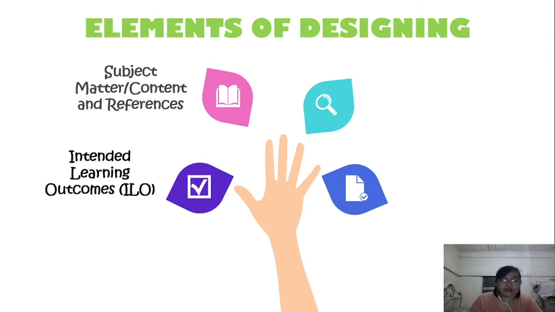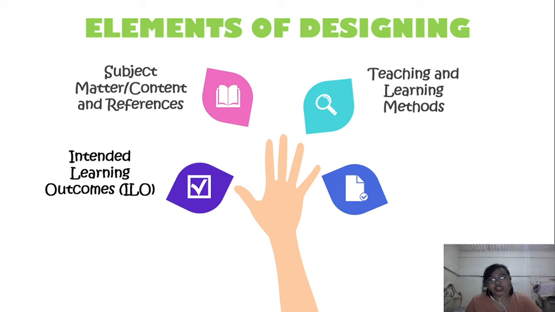For the subject matter, what content should be included to achieve the learning outcomes. Next, we also have the teaching and learning methods. In here, it answers the question, what learning experiences and resources shall be employed. Lastly, of course, we have the assessment or the evaluation. It answers the question, how will the achieved learning outcomes be measured?